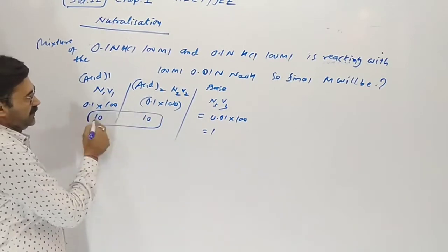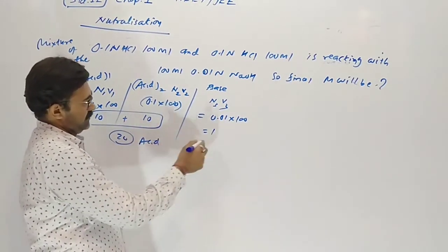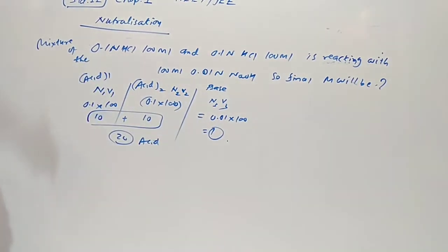Now the acids together total 20, and the base is 1. So acid is more than base.